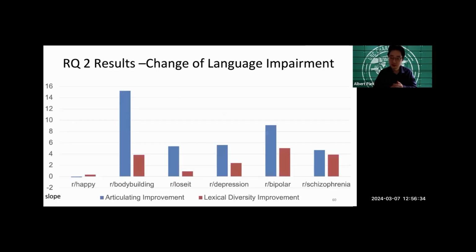To summarize the results, members' writing was generally improving as they participated more and more in online health communities, on Reddit generally. Although the difference between regular health communities and mental health communities was mixed, because they were all improving.